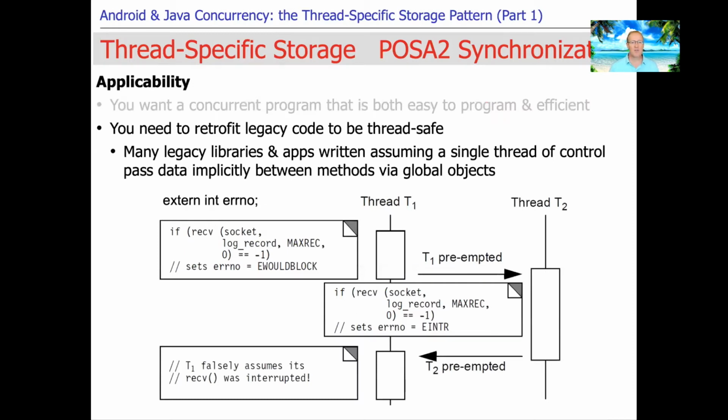One other motivation for this pattern that is very common in practice, and we'll talk about it when we get to the known uses part in a minute, is that you may need to take legacy code and retrofit it to be thread safe. A lot of legacy code, especially old code going back decades, was not designed with multi-threading in mind.